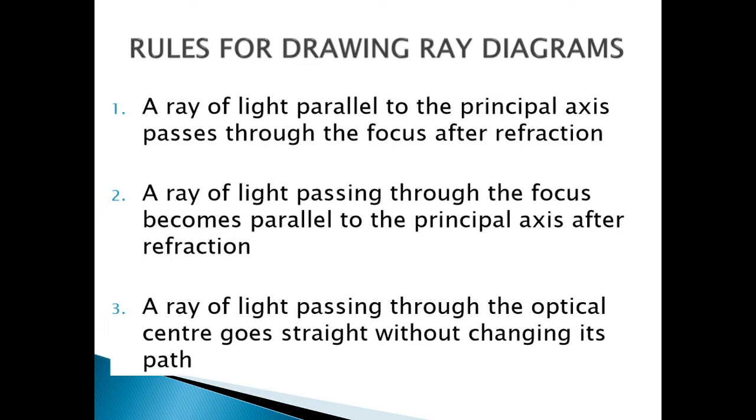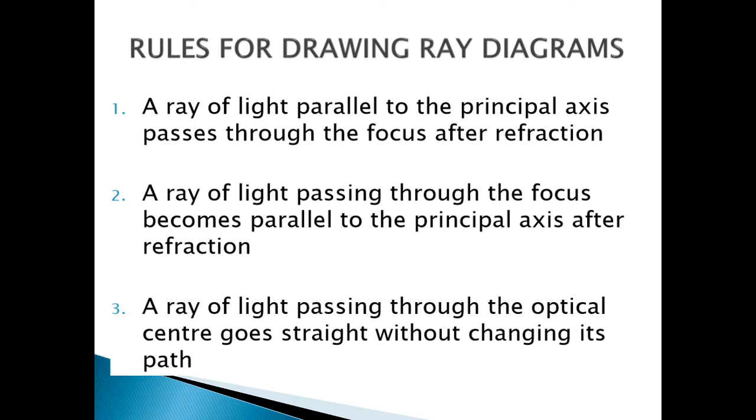When a light ray passes parallel to the principal axis, after refraction it will pass through the focus. Second rule: when a light ray passes through the focus, after refraction it will come out parallel. A light ray passing through the optic center will go straight without changing its path.